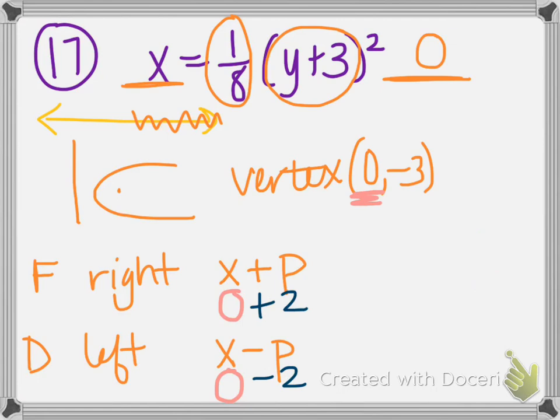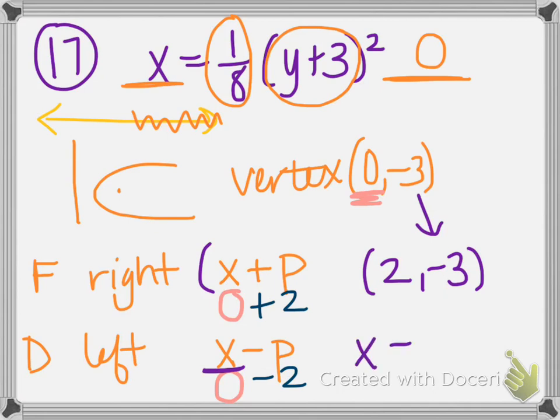The focus is a point. And the x value changed to 2 from 0, and the y value stayed exactly the same. The directrix is a vertical line, x equals, and 0 minus 2 is -2. So our directrix is going to be x equals -2.